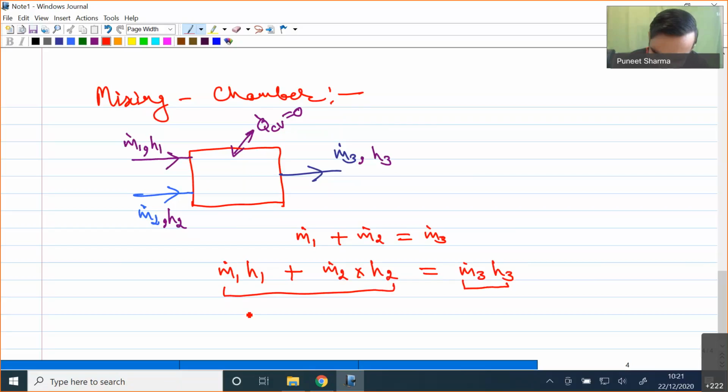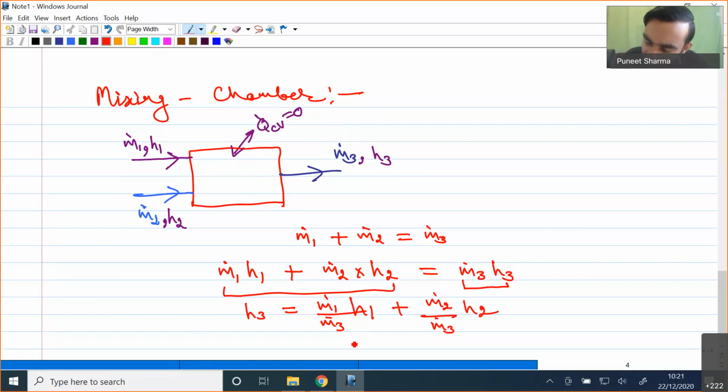Finally, I can say that H3 is equal to m1 dot by m3 dot into H1 plus m2 dot by m3 dot into H2.